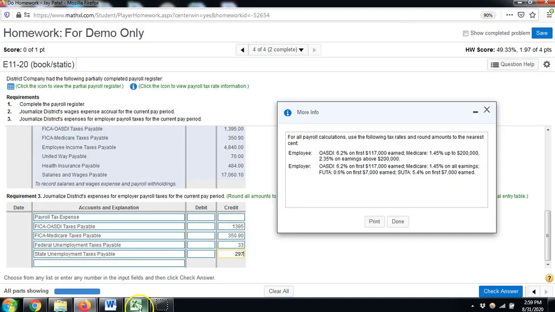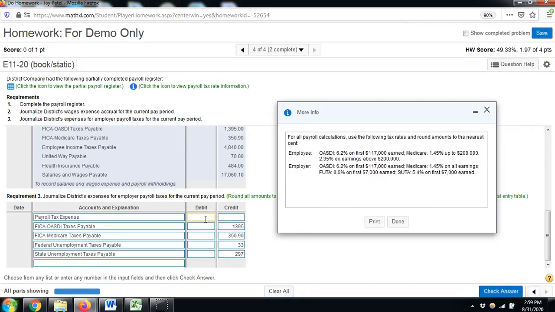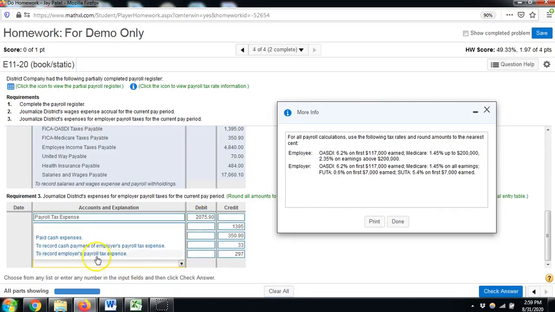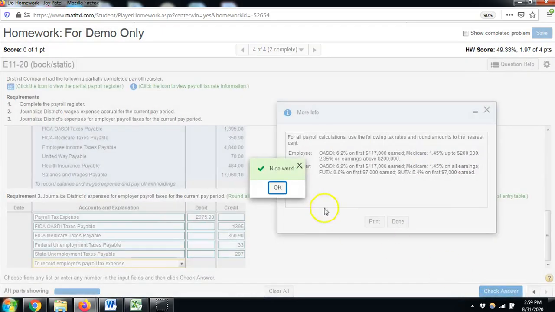And so when we add all these numbers up, we get 2,075 and 90 cents. And so again, this is to record employer's payroll tax expense. And that's it.